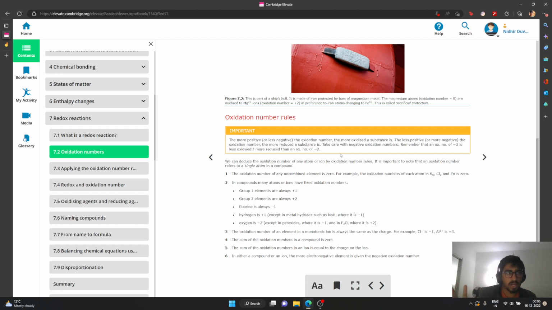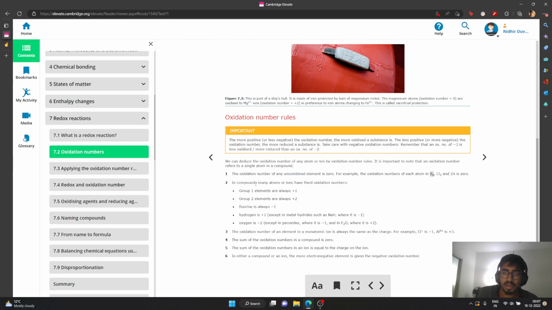Rule number 1: the oxidation number of any pure element, any uncombined element, is always 0. Something like chlorine gas, Cl2, zinc, or sodium, Na, everything in its basic form is 0. Sulfur combines in S8, so all the S's have an oxidation number of 0.